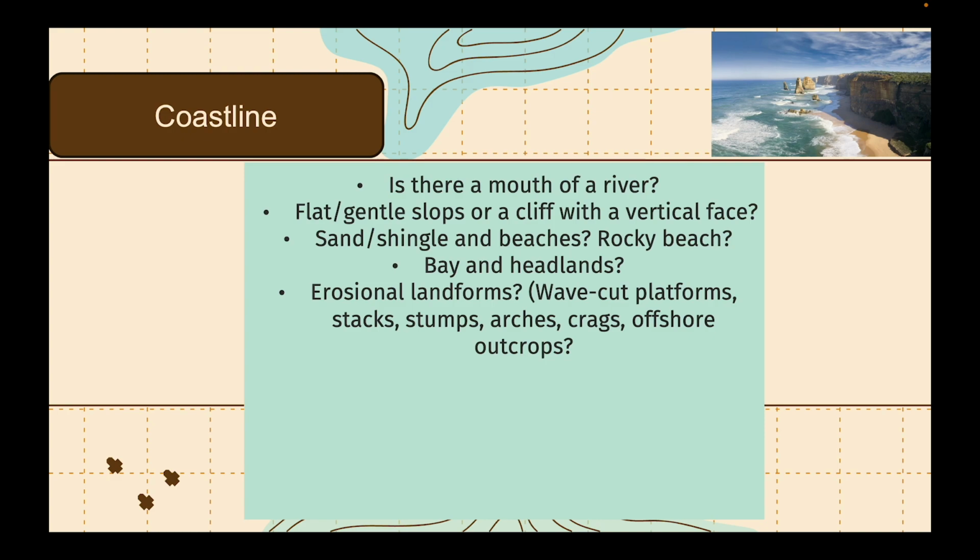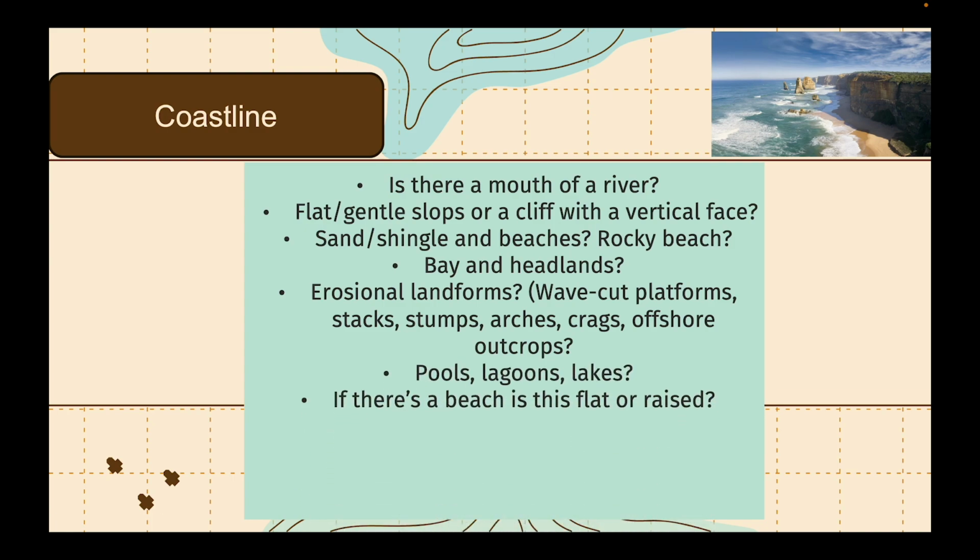So like rivers, of course, coastlines you've learnt in your geography course so far, there are landforms associated with coasts, such as wave-cut platforms, stacks, stumps, arches, crags, or any rocky offshore outcrops. So you've been able to identify these on the map. You can see in the image here, there's some stacks, for example, and stumps. Any pools, lagoons, or lakes? If there's a beach, again, providing the relief of this beach, is it flat or raised?